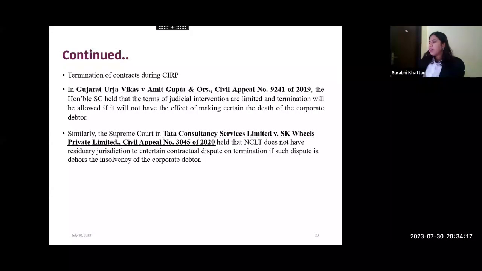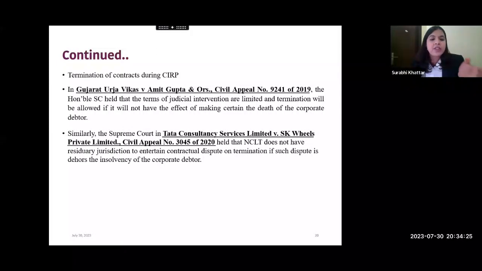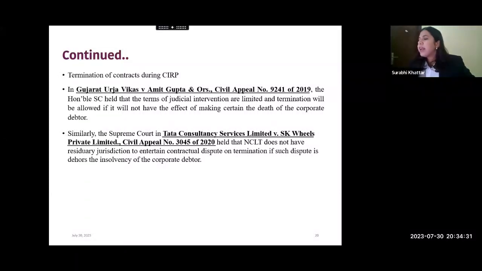Now, one more important consideration that came up before courts was with respect to termination of important contracts during the period of moratorium. The Supreme Court in Gujarat Urja Vikas versus Amit Gupta held that the following contracts cannot be terminated during the period of moratorium. First, the contract that is central to the success of the CIRP.